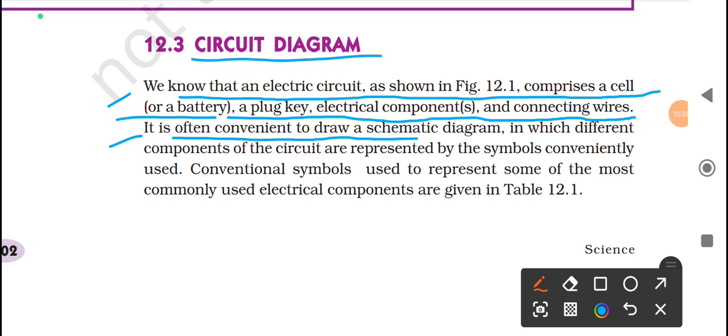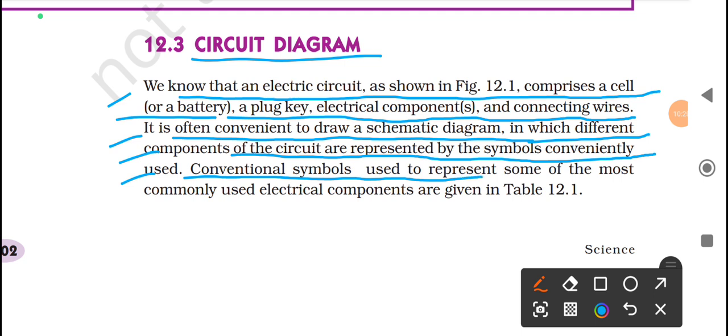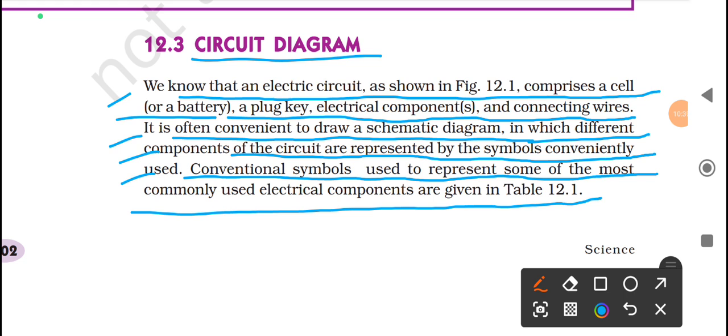It is often convenient to draw a schematic diagram in which different components of the circuit are represented by the symbols conveniently used. Conventional symbols used to represent some of the most commonly used electrical components are given in table 12.1.